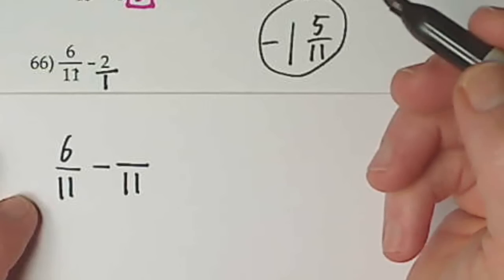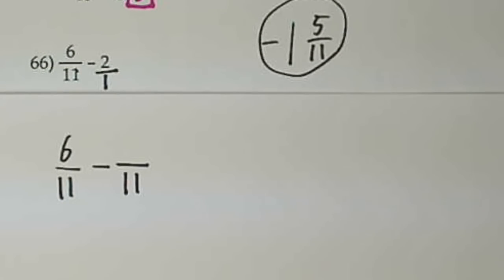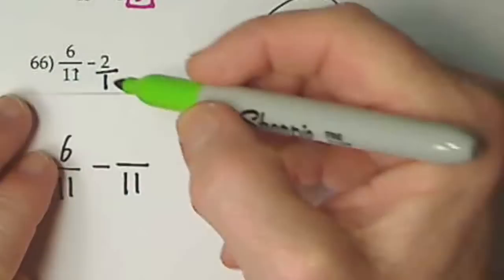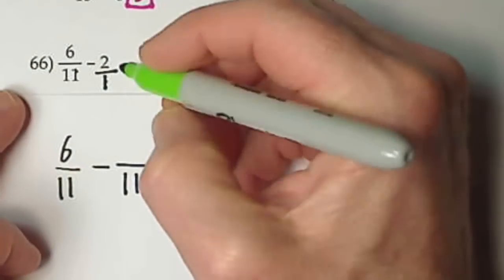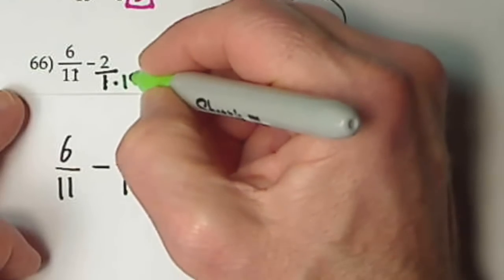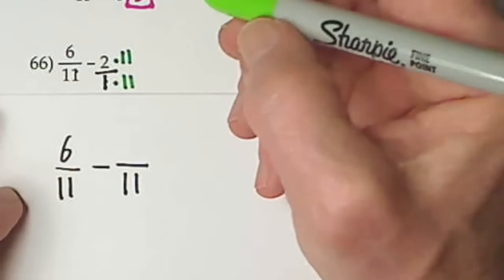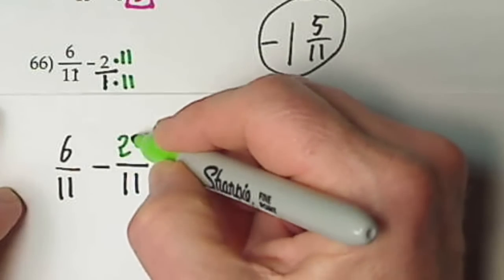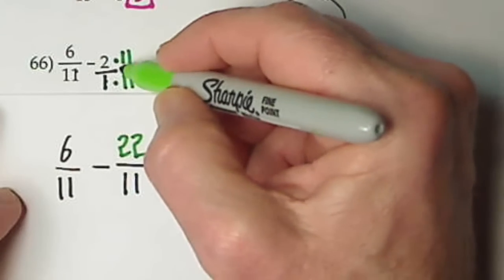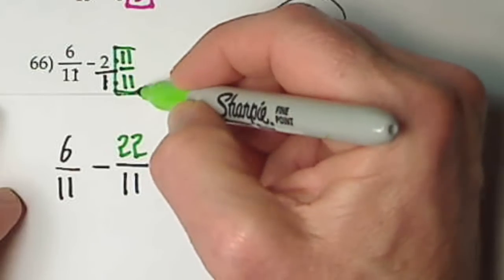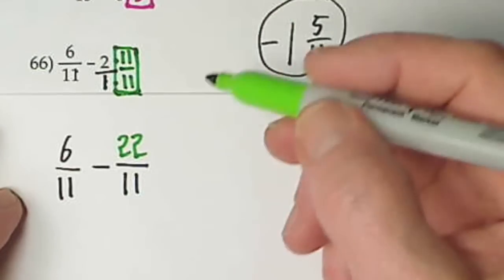I keep the numerator. But to get from 1 to 11, I had to multiply by 11. That means I have to do the exact same thing to the numerator. So that would give me 22. And again, what's 11 over 11? Just a funny looking 1. Okay.